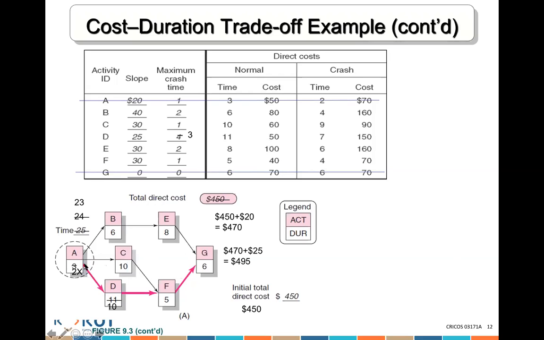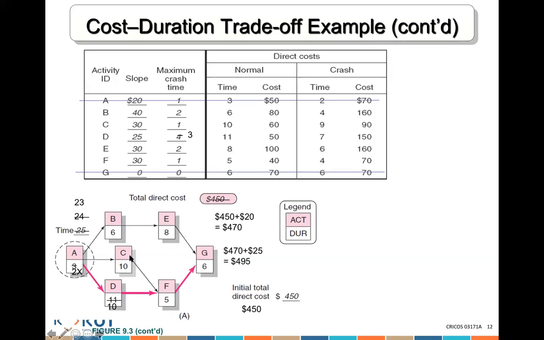But let's look here. 10 plus 2, 12, plus 5, 17, plus 6, 23. And here, 16, 17, 18, 19, 20, 21, 22, 23. So this one is 23, and this one is 23. So there's two paths, each of them 23. Okay. So they both are your critical path.